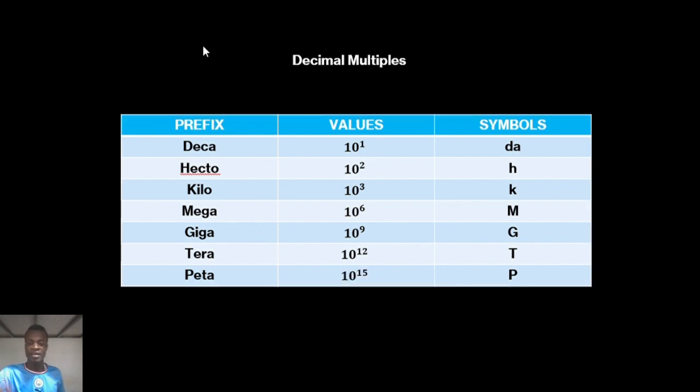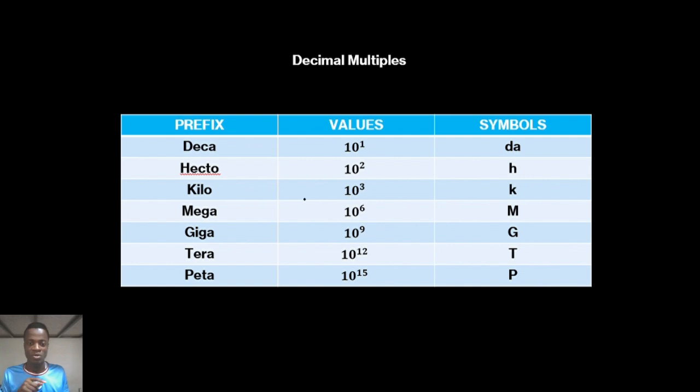If you just remove the negative of the first one, you are going to have this attached to your values. Now we are going upward: decimal multiples, not sub multiples. It is 1, 2, 3.